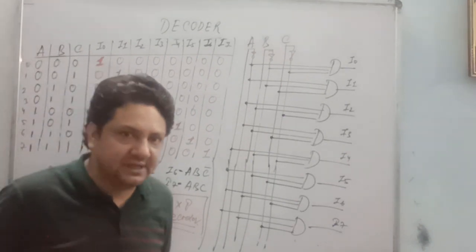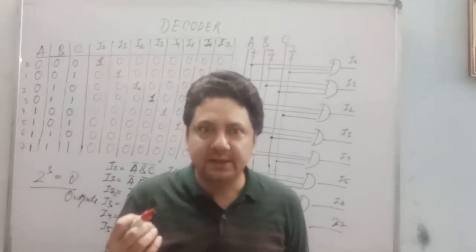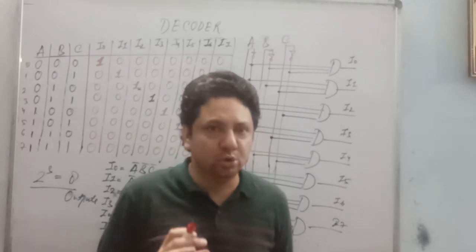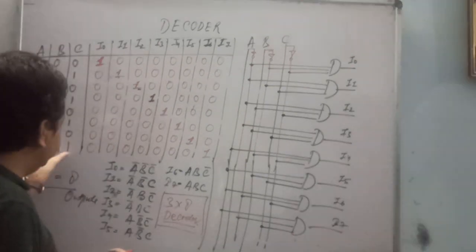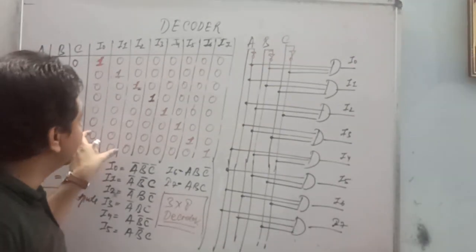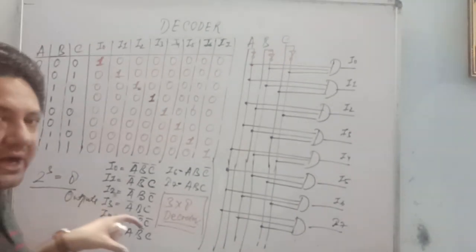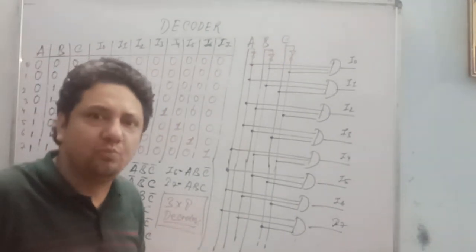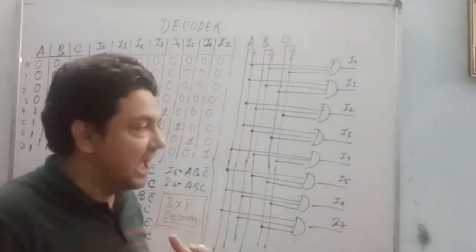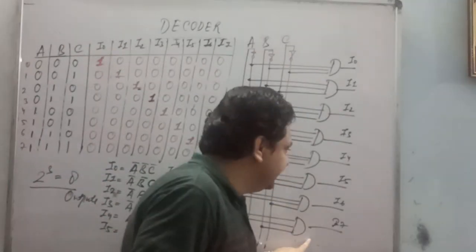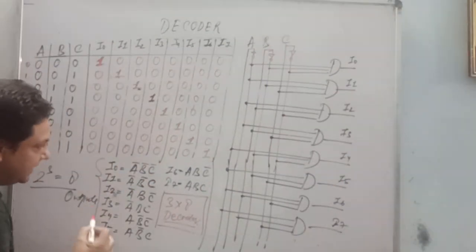So in this lecture we have seen two types of decoder. One is 2 into 4 decoder, the other one is 3 into 8. We discussed two types of decoders today. This is the truth table. In the truth table these are the inputs, and on the basis of these inputs the decoder generates some outputs. For a particular input only one output is active and the remaining will be deactive. Understand? That is why we have used the AND gate in the circuit diagram. And after that I have just written the minterms.